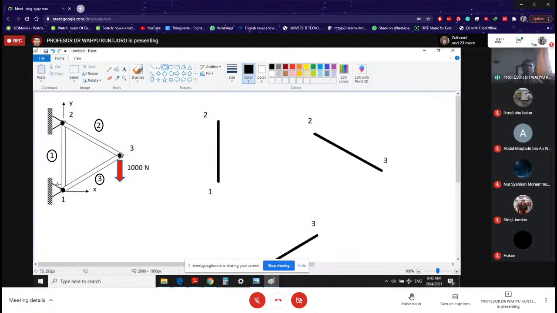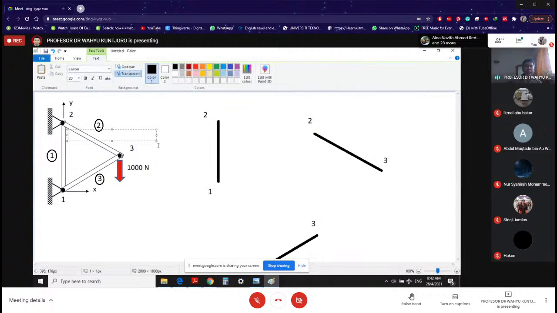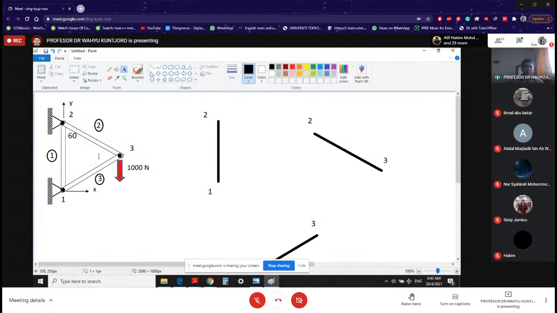All right, so back to your quiz. That is your finite element model on the left there. Over here is element number 1, over here element number 2, and down here is element number 3. As I mentioned, this is going to be 60 degrees. That's the angle. It is also going to be 60.